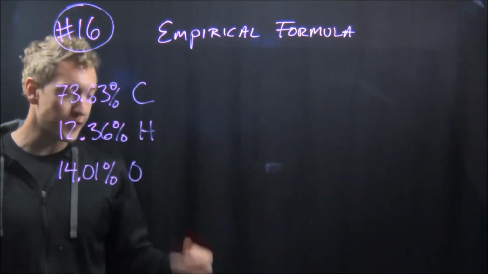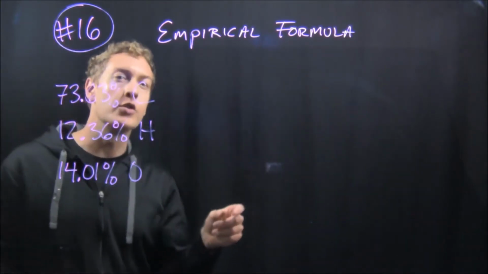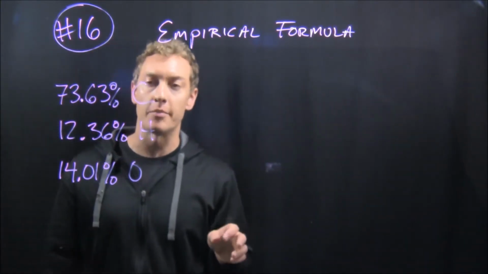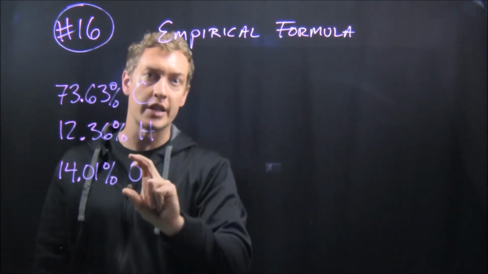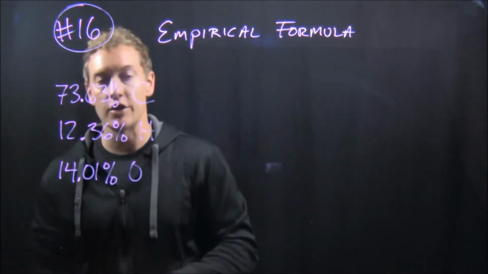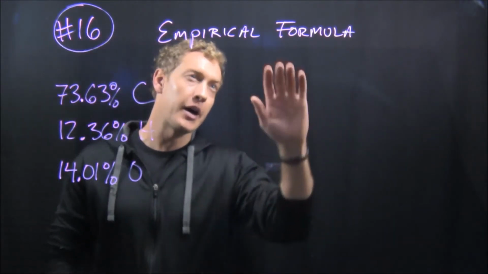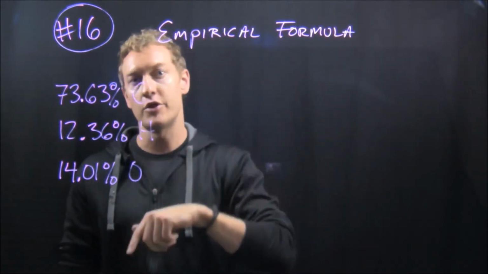And so the rules for solving an empirical formula question are: step one, you assume that you have 100 grams. And so if you assume that you have 100 grams, each of your percentages then ends up being the grams of each substance. What a formula expresses is the ratio of each atom to the other.